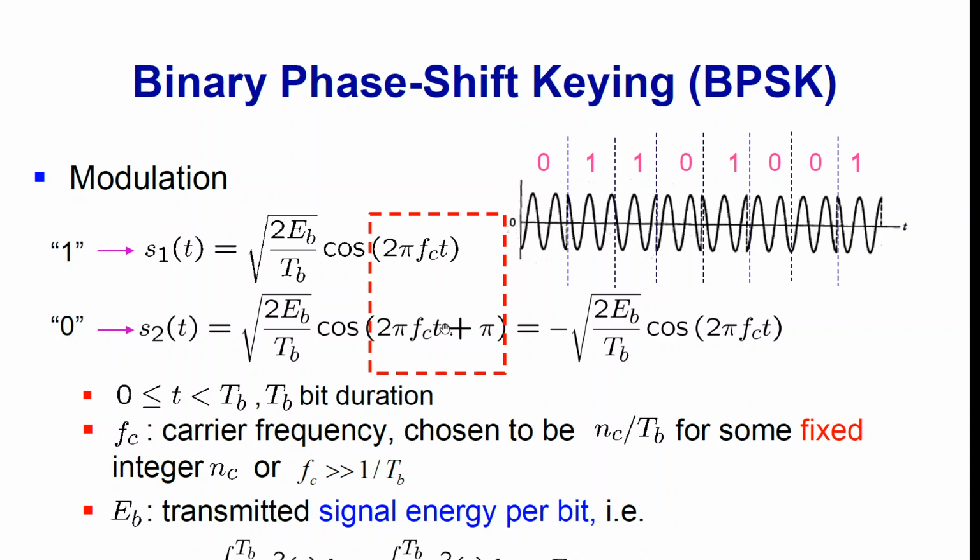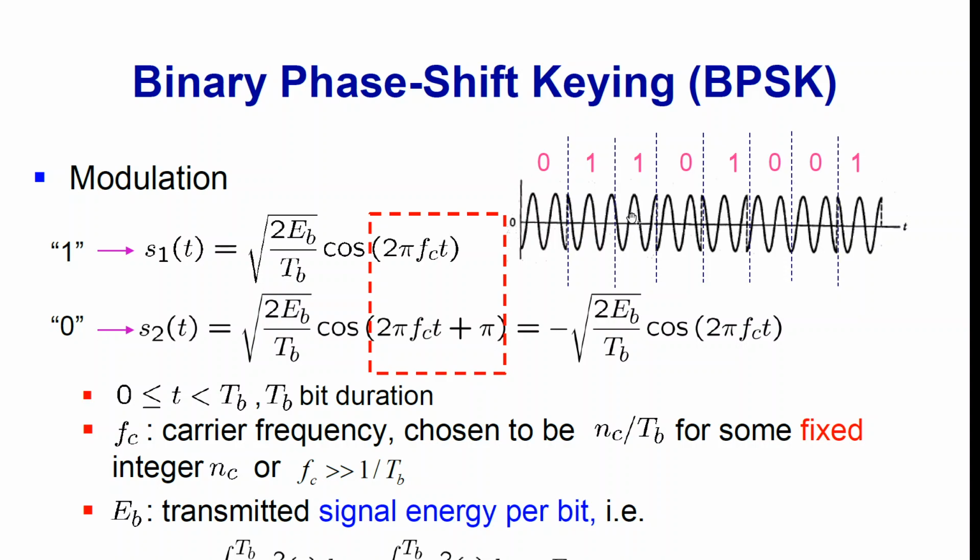Cos theta plus pi is minus cos theta, so it is minus root of 2 EB by TB cos 2 pi FC t. So you can see that we are using a sinusoidal wave and changing its phase. The phase is kept the same for 1 and the phase is changed by 180 degrees for 0.